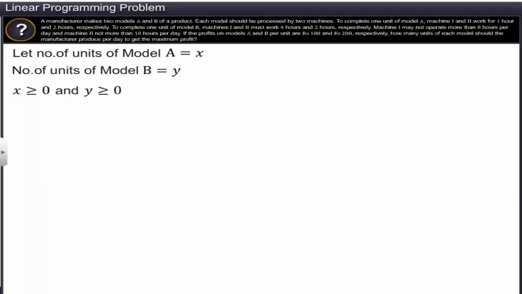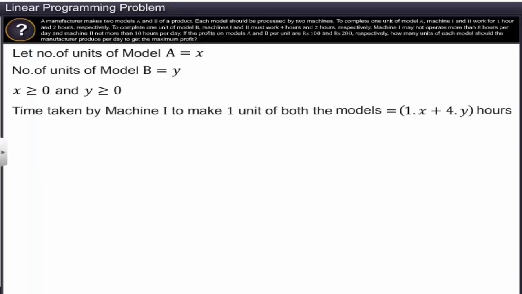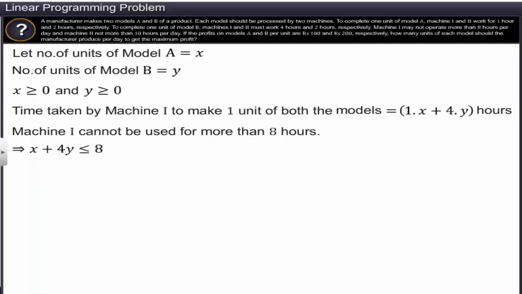Machine 1 takes 1 hour to complete 1 unit of model A and 4 hours to complete 1 unit of model B. Therefore, the time taken by machine 1 to make 1 unit of both the models is equal to 1 into x plus 4 into y hours. Now, machine 1 can work for a maximum of 8 hours. Therefore, the linear constraint is x plus 4y is less than or equal to 8.